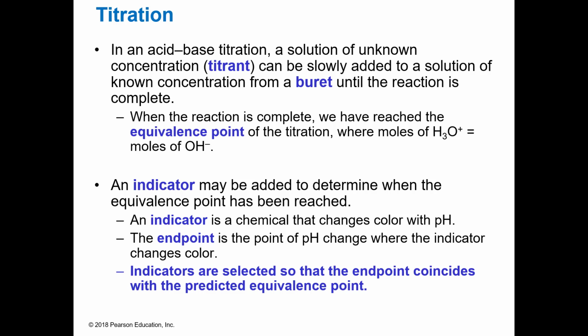So a titration is where you're performing an acid-base reaction, and you have a solution of unknown concentration, which we call the titrant, and we slowly add that to a solution of known concentration from a burette until the reaction completes. When it completes, we reach something called an equivalence point.